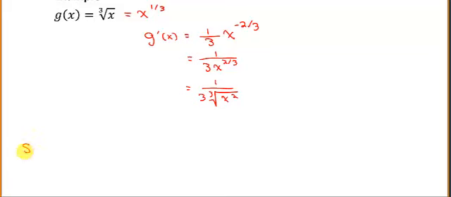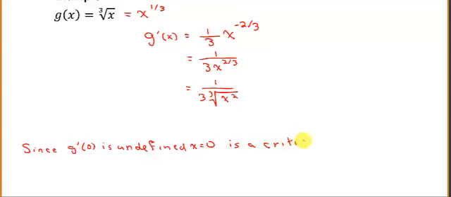So since g prime evaluated at 0 is undefined, x equals 0 is a critical point for g of x equals the cube root of x.